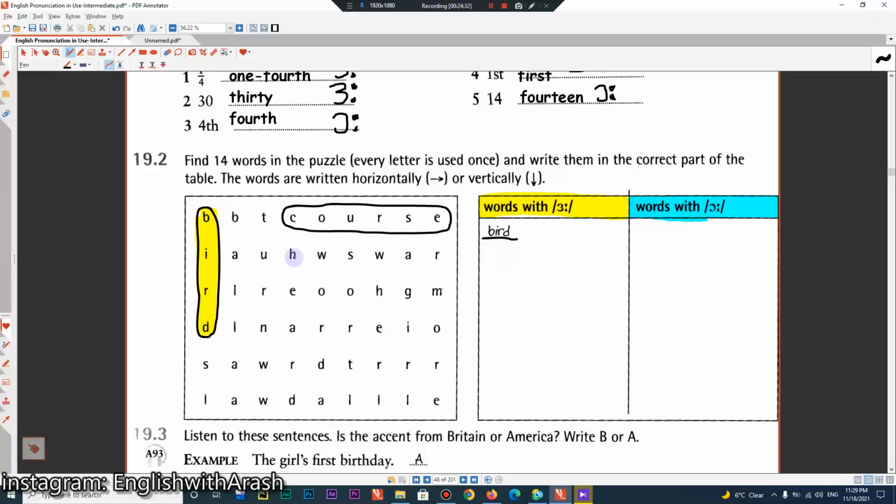Course, blue, good Laleh. Course is the O sound. I have to color it differently. Let's see some other words. More. Yes, good Laleh. More is also blue, so I can color it blue.